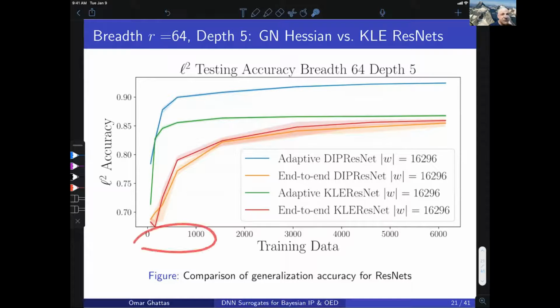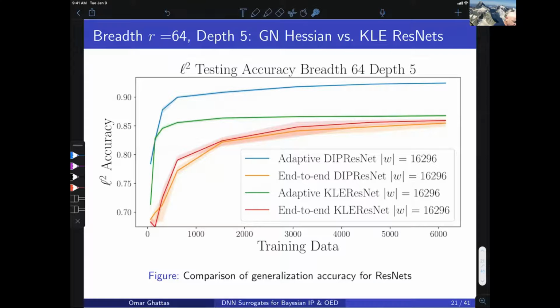If it costs you 1,000 forward solves to train the surrogate, then you win overall. And I'll show examples where we win by 3 orders of magnitude. This had R equals 64, that's the linear subspace dimension. 5 ResNet, and as I said, K equals 4 is the low rank ResNet dimension. Okay, so this is what the method I talked about does.